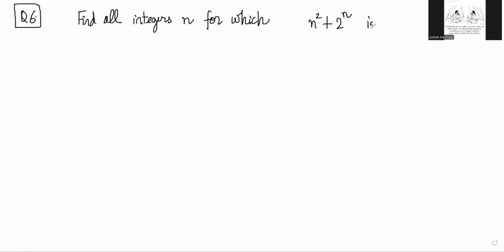Okay, sixth one then. Sixth one is: find all integers n for which n square plus 2 power n is a perfect square.